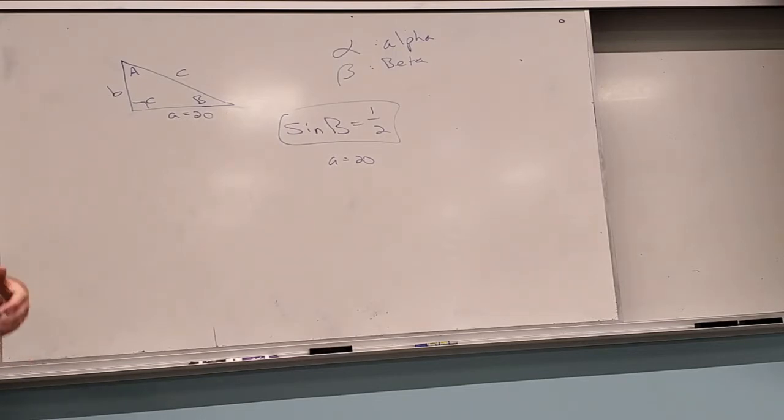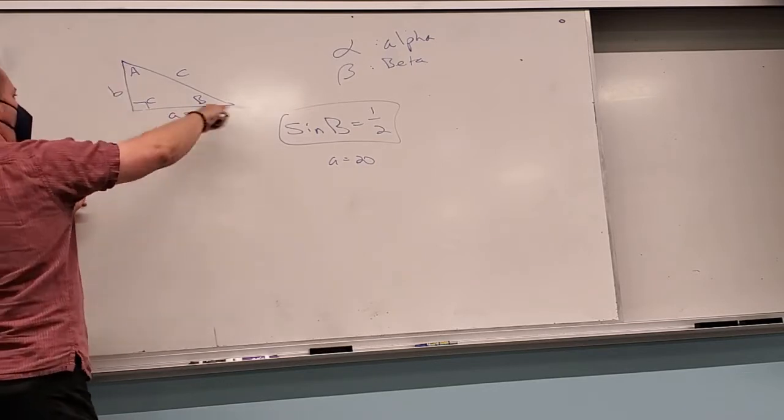The ratio of what to what? What's sine? Y to hypotenuse. Or opposite, sorry. I have a bias against SOHCAHTOA. SOHCAHTOA is fine, but it also sucks. So it works, but not a lot. Okay, so sine is the y side over the hypotenuse.